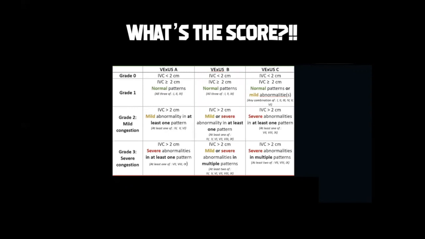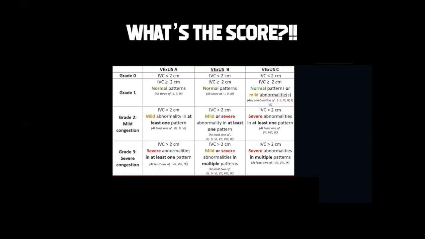Once your IVC is dilated with no respiratory variation, that gives you a VExUS grade 1. And VExUS grade 1 now includes mild abnormalities in any of the other downstream variables. So if you've got SD reversal, or you've got biphasic flow in the kidneys, that still counts as a grade 1 VExUS.